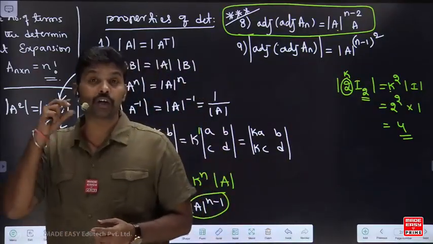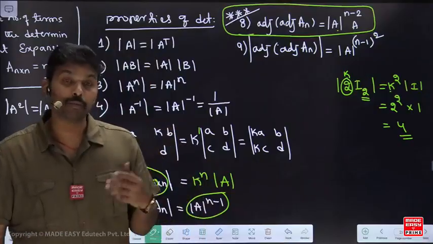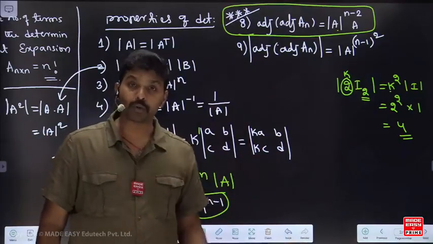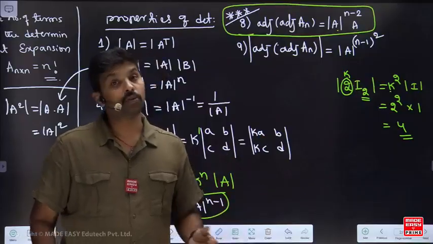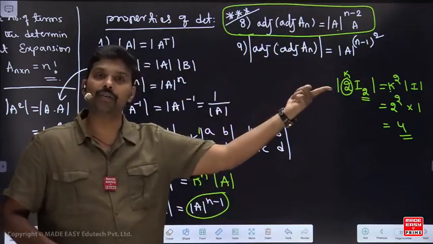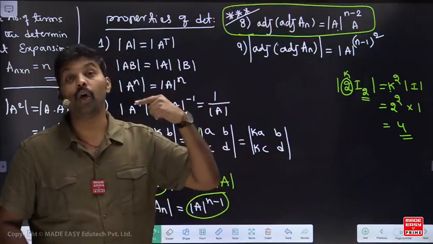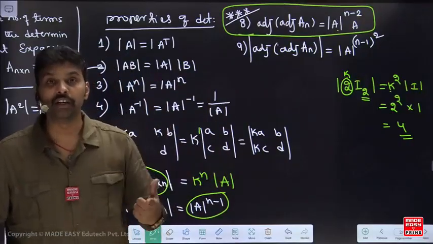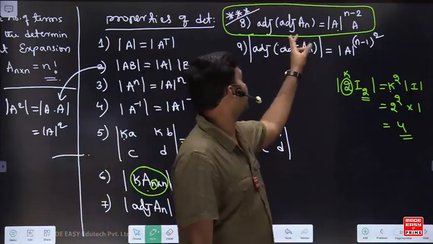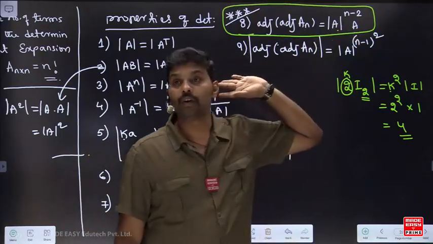Generally finding the adjoint takes a lot of time, beta. You have to make the cofactors, make the minors, make the matrix, take its transpose, then make the adjoint. So now we are finding the adjoint of an adjoint of the given matrix, which generally takes a lot of time, but that entire process is bypassed and we can simply give the answer with this formula. Okay.